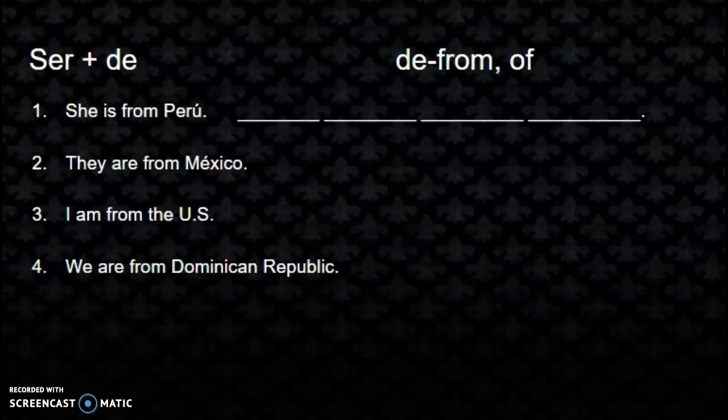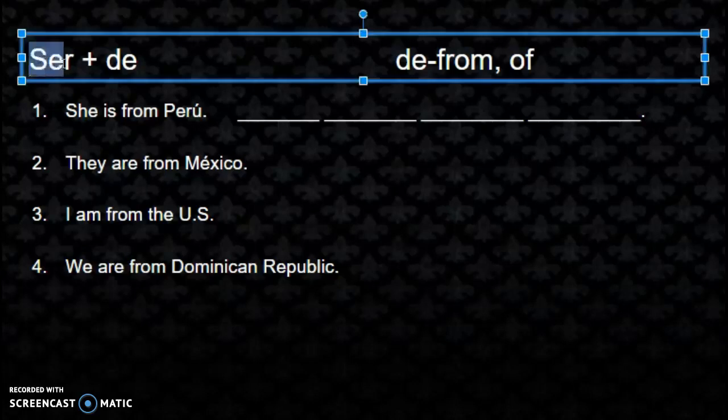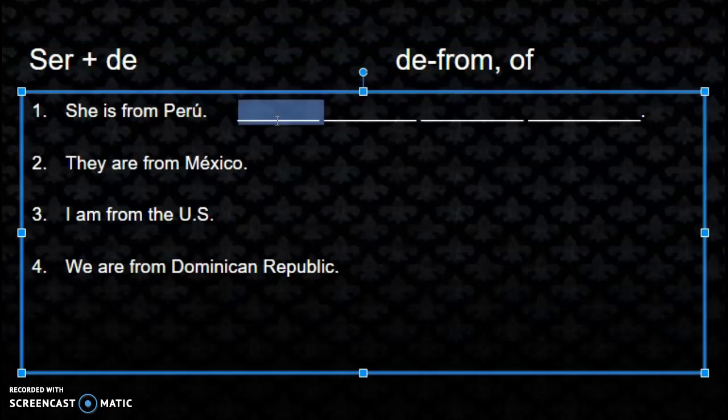Another thing that's going to come up in this unit is saying where someone is from. So, ser would be like he is, I am. Then the word de means from. So, if I want to say she is from Peru, I'm going to have 4 words in Español, just like in English. She is ella.